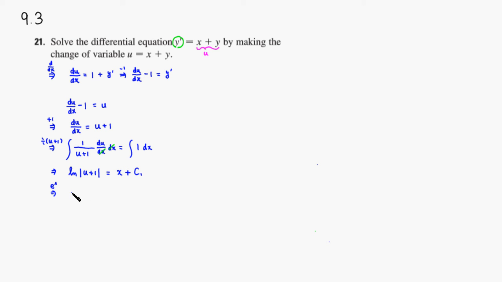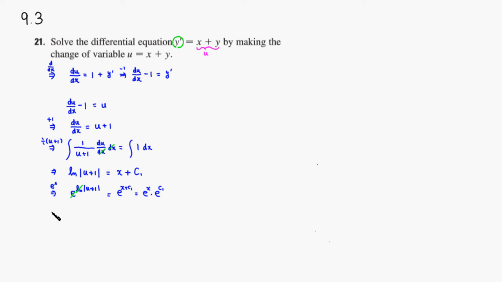So you get e to the natural log of absolute value of u plus 1 is equal to e to the x plus c1, which is e to the x times e to the c1. You can see that when you compose inverse functions together, they basically cancel out each other.